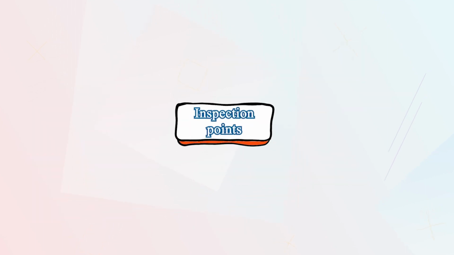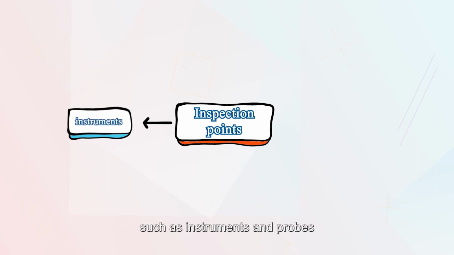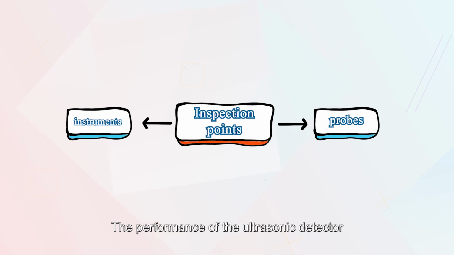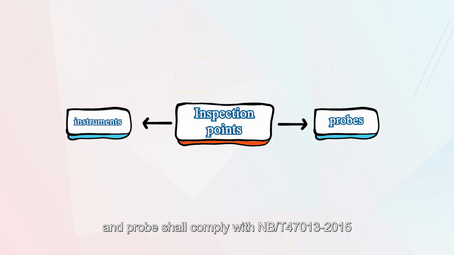2. Inspection points. 1. Select hardware facilities such as instruments and probes. The performance of the ultrasonic detector and probe shall comply with NB/T 47013-2015 and shall be within the qualification period.